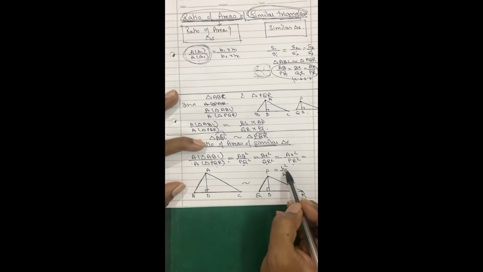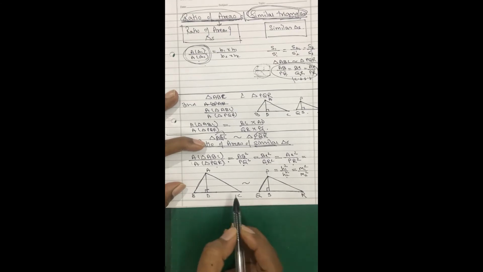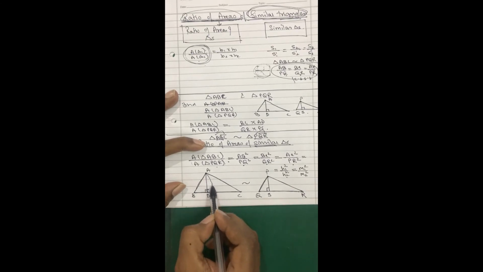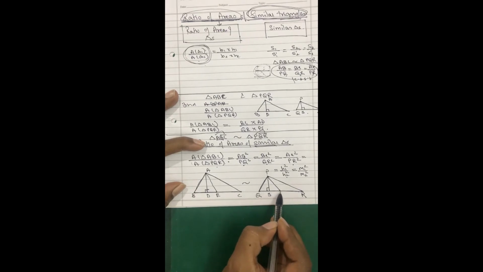It is definitely altitude square upon altitude square, and it is also equal to median 1 square upon median 2 square. If I take a median from here, this is a median, so AE square upon PT square will also be applicable.